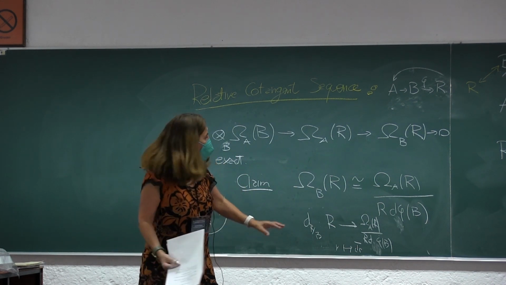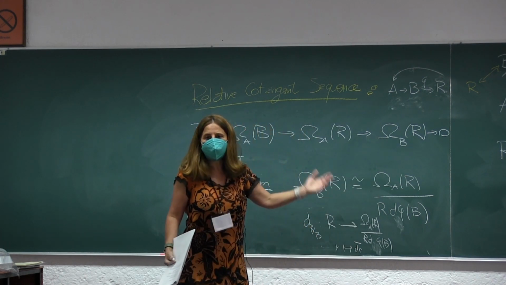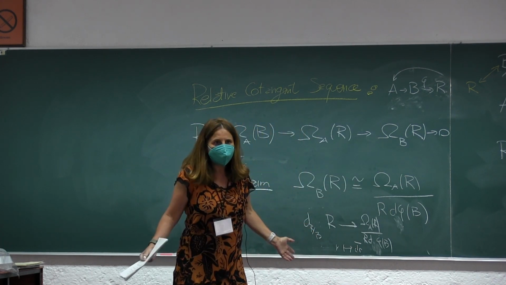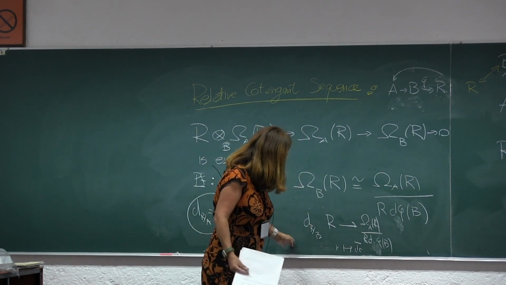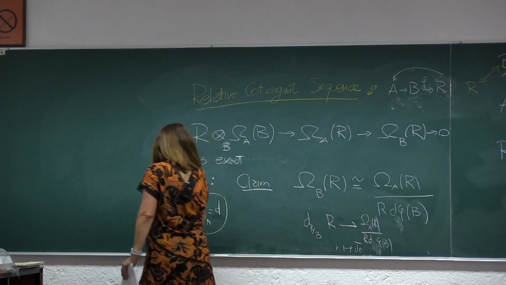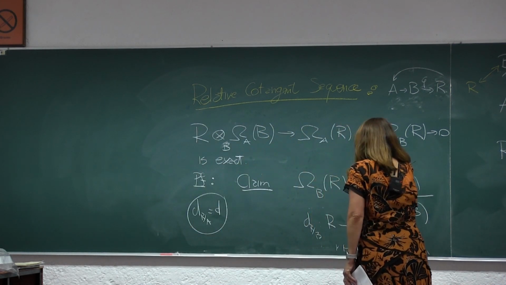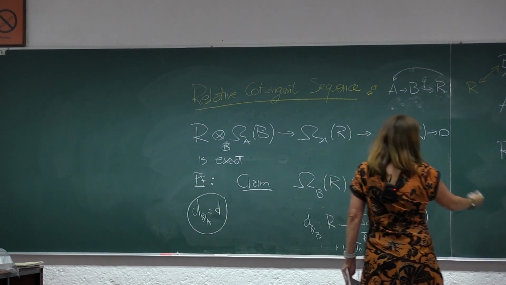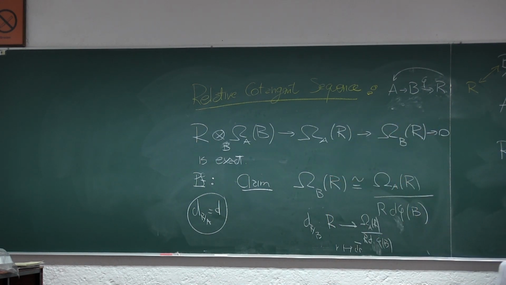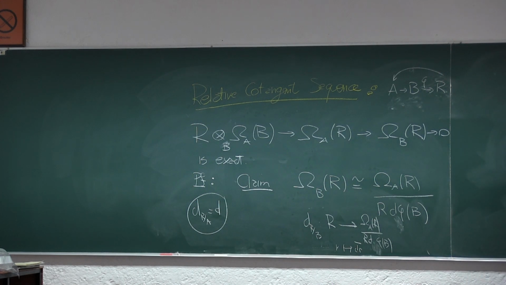You prove that this module together with this map satisfies the universal property, and then you are done. So the claim is that these are isomorphic, and you prove it by showing that this satisfies the universal property. That you can do at home, and now I'll tell you why this is enough.